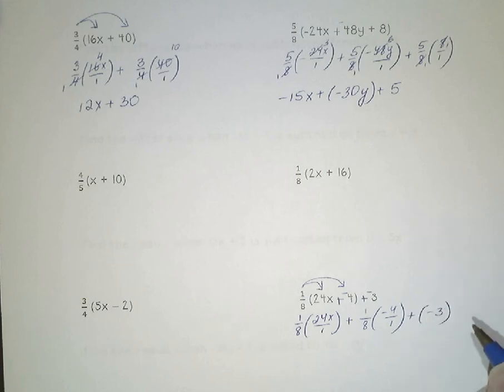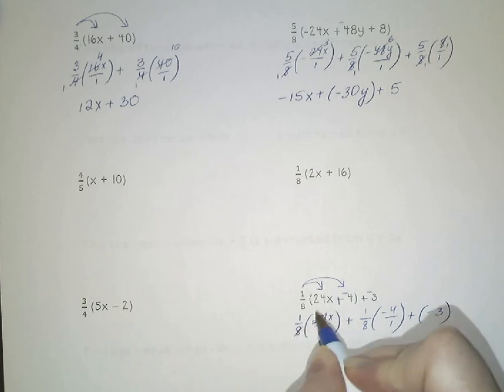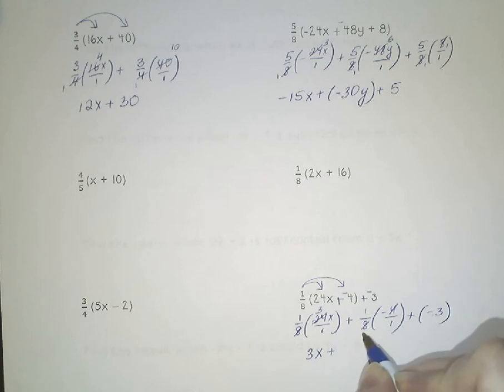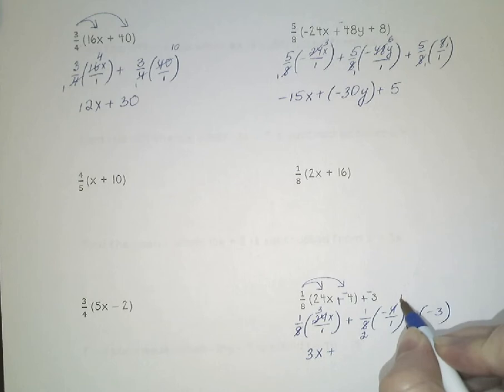Okay, and that's how you're going to continue. 8 and 24 can get simplified by 8. 24 changes into 3, so you'll have 3x plus 8 and -4 can be simplified. 8 will turn into 2, 4 will turn into 1, and here we don't need to simplify anything.